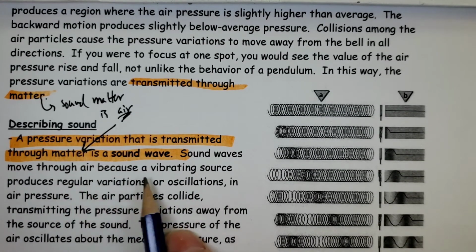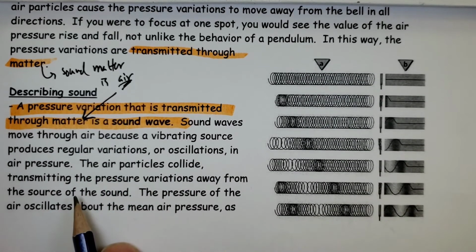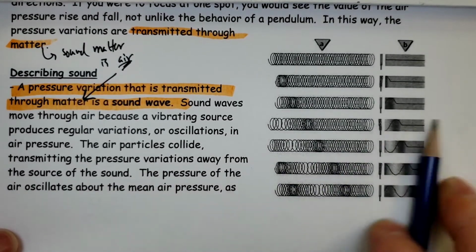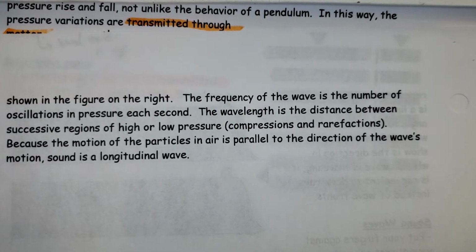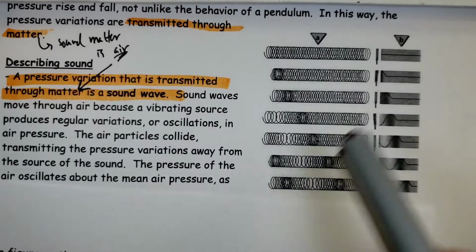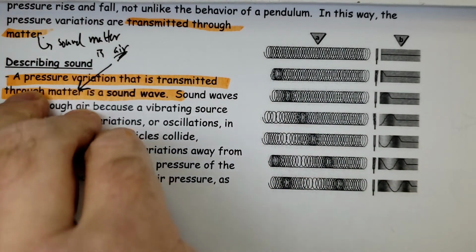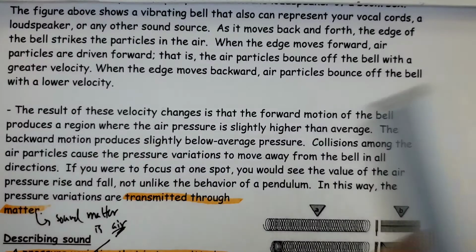Sound waves move through air because a vibrating source produces regular variations or oscillations in air pressure. The air particles collide, transmitting the pressure variations away from the source of the sound. The pressure of the air oscillates about the mean air pressure, as shown in the figure to the right.